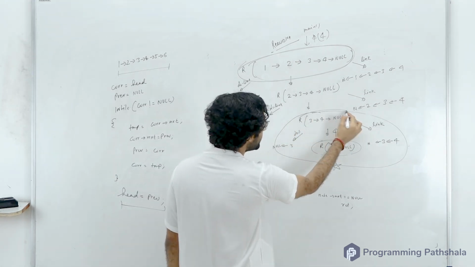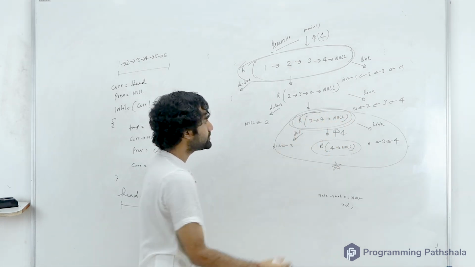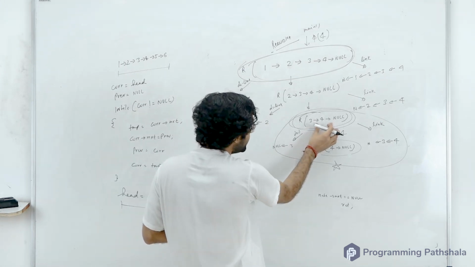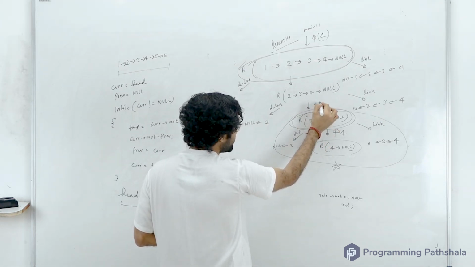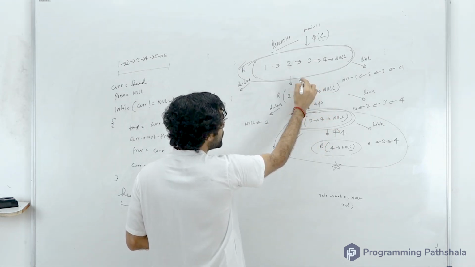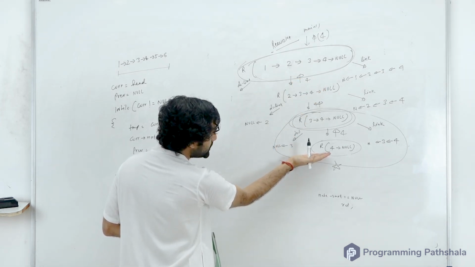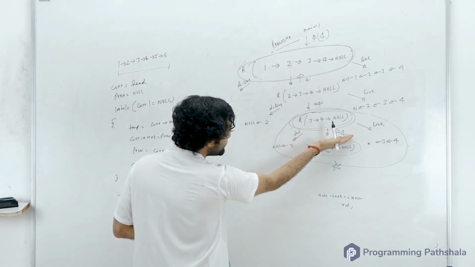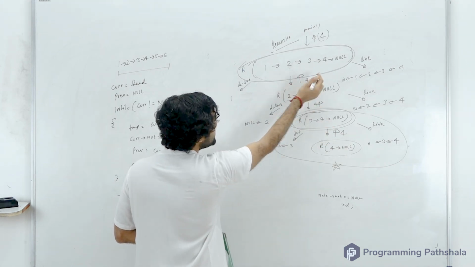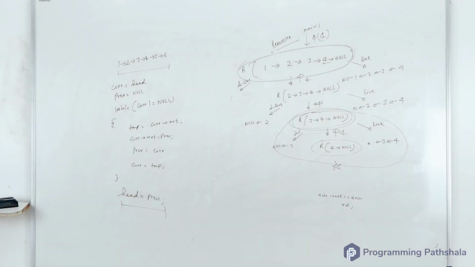Similarly, when this is reverted, what will be the head? So again, when this is reverted, the head of this will be 4, which you return here. What will be the head of this? That would also be 4, so it needs to return 4. So did you see that every reverse function should return to its parent this value 4 only, which is nothing but the last node. And this is the most important point to understand over here.